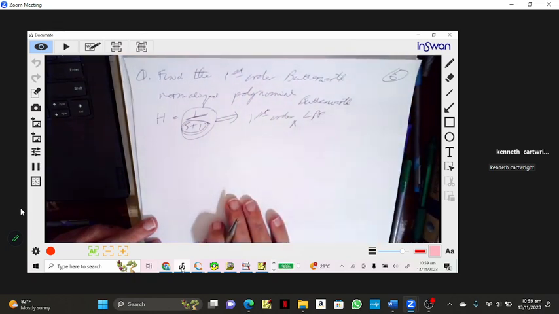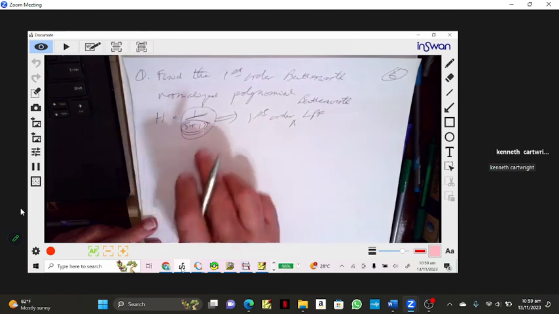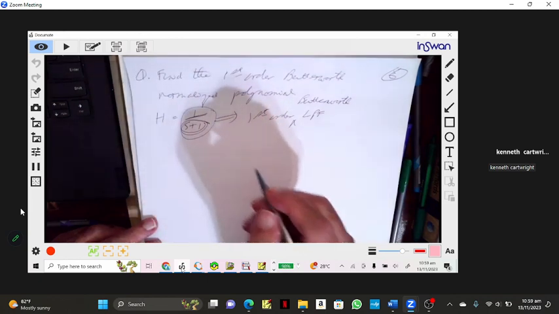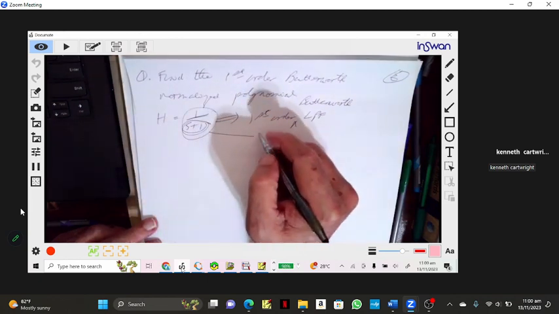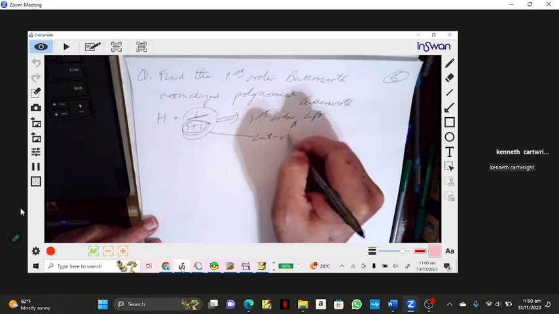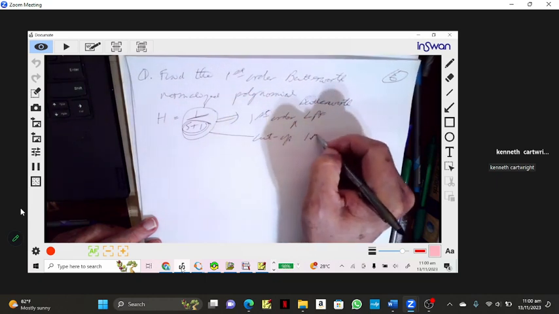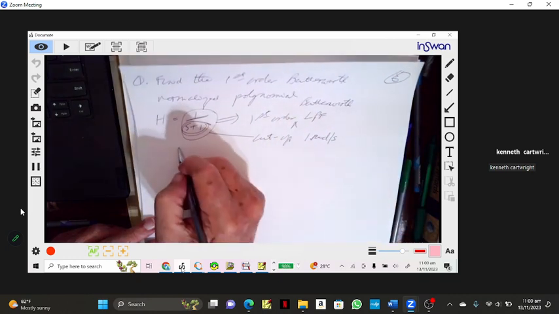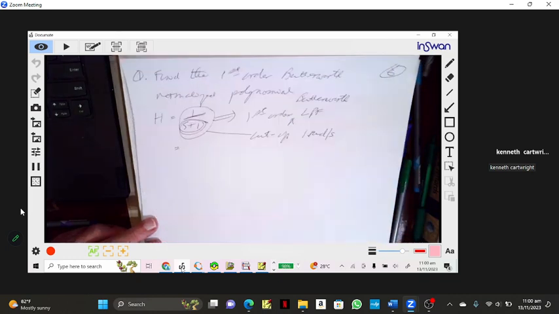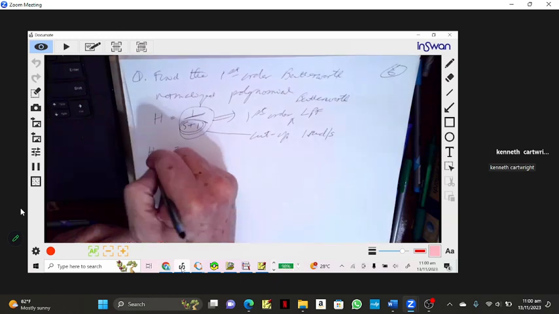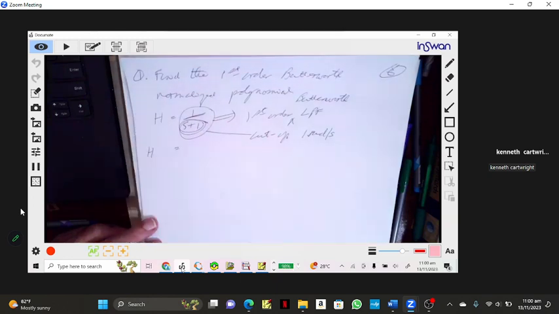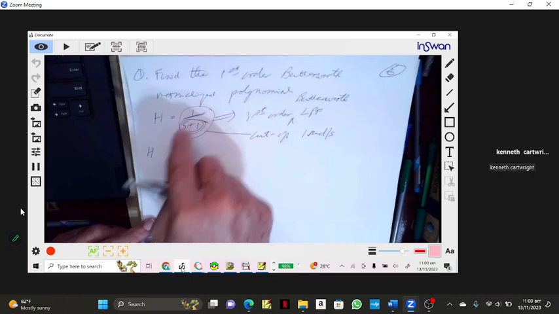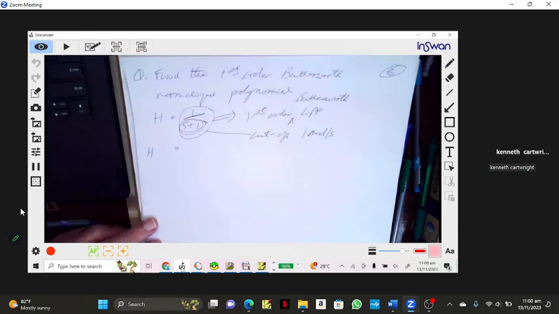So how do we change this? This has a cutoff frequency of 1 rad per second. What do we do to this to get any cutoff frequency? What do you do with this transfer function?